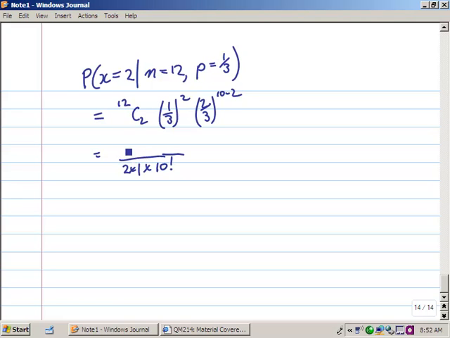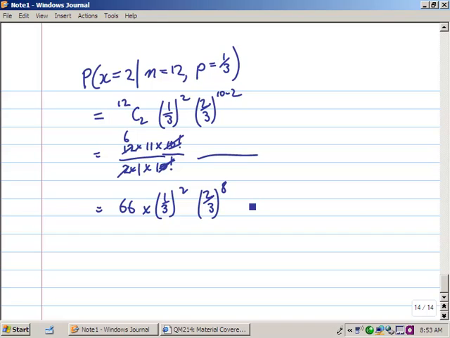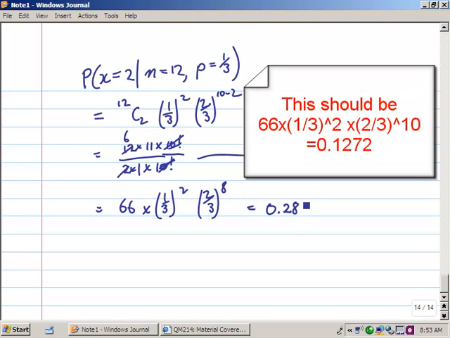The biggest one on the bottom we'll just leave alone, and then the top we'll write 12 by 11 by the rest, 10 factorial, so that cancels with that. 2 into 12 makes 6, so we're left with 66 times the rest: 1/3 squared times 2/3 to the 8th. Then I'll pull out my calculator and work that out, and I get 0.2861.